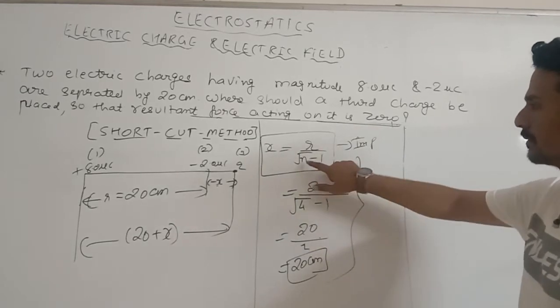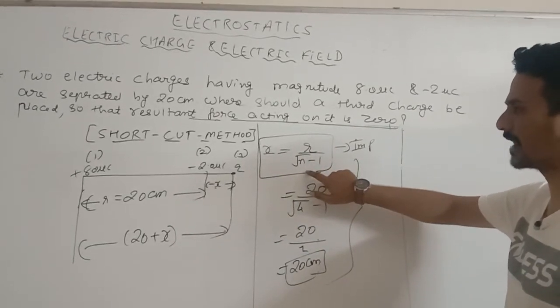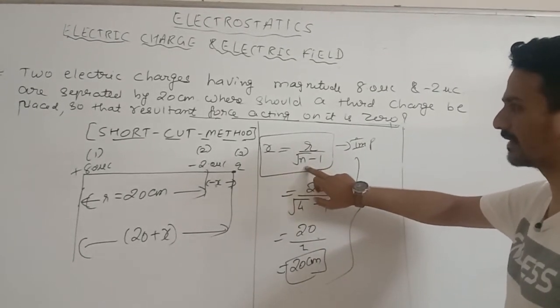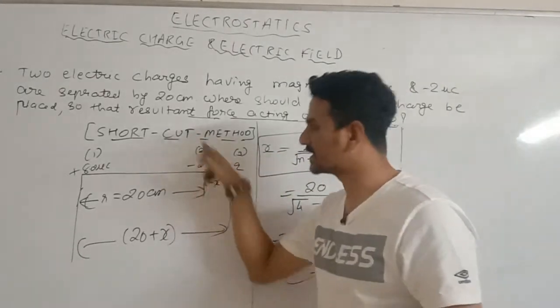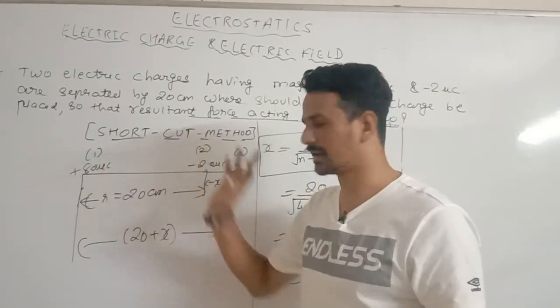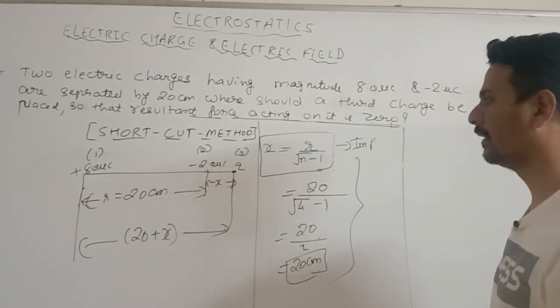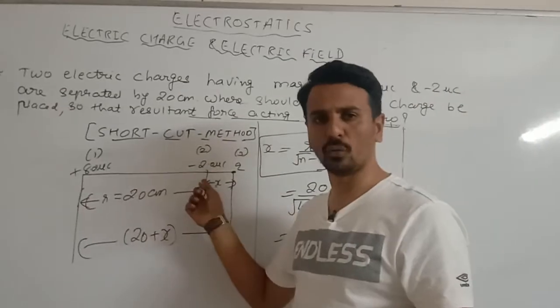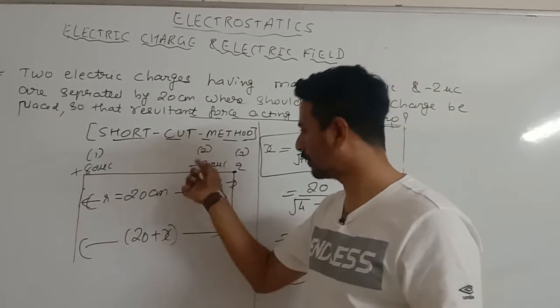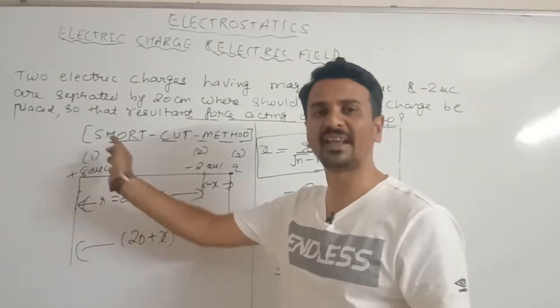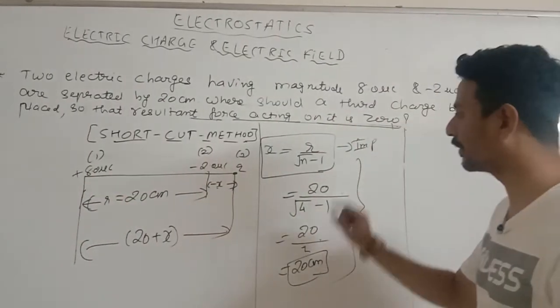Make very sure you don't make a mistake in calculating n, right? n is how many times bigger the bigger charge is than the smaller charge. That has to be placed in place of n. Like here, 8 and 2. So 2 into 4 is equal to 8, so n is equal to 4.